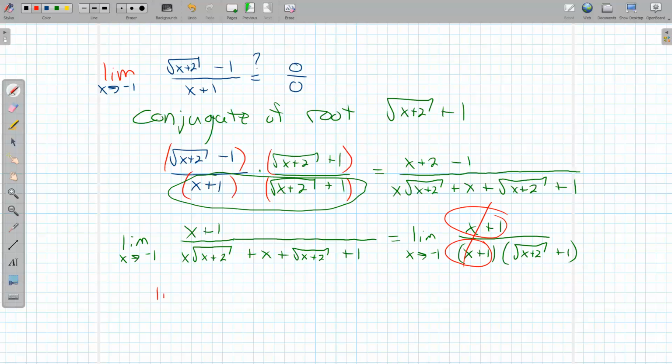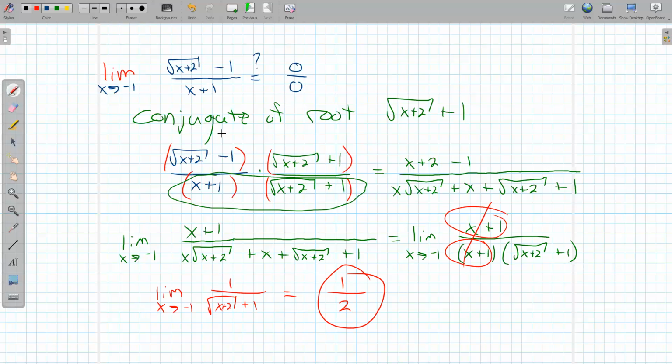And so now I have the limit as x goes to negative 1 of 1 over the square root of x plus 2 plus 1. The limit laws say, as long as the limit exists, the limit of the numerator is 1, and if we plug in, the limit of the denominator is 2. And so, yep, we do get a 1/2 there. So we're able to use a little algebra to get rid of the 0 over 0 problem.